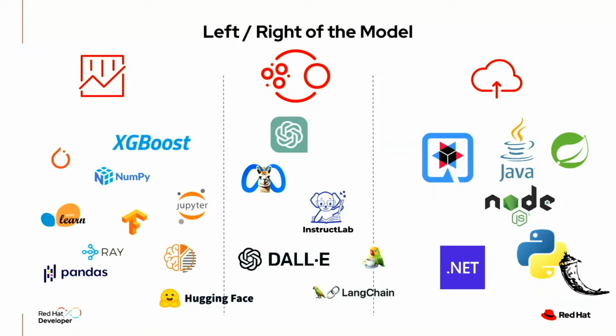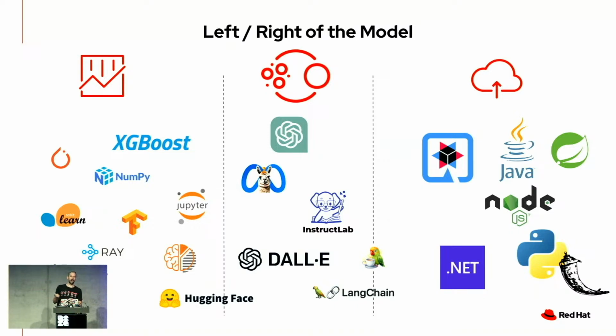So when we look at AI, we can divide it a little bit. On the one side, we have people who are building models or fine-tuning models. Then in the middle, we have some way to serve the models, or where to store the models.